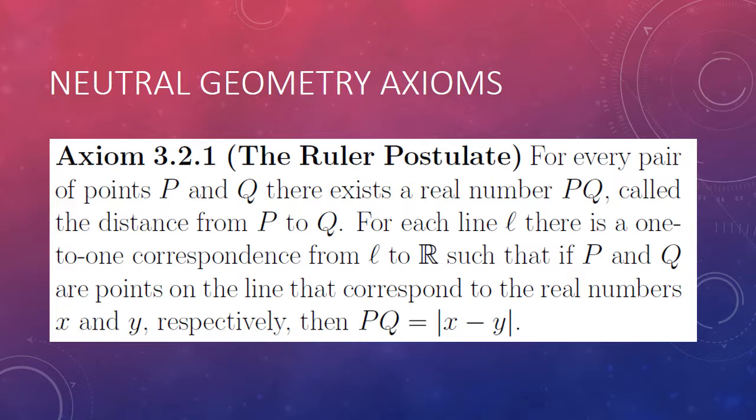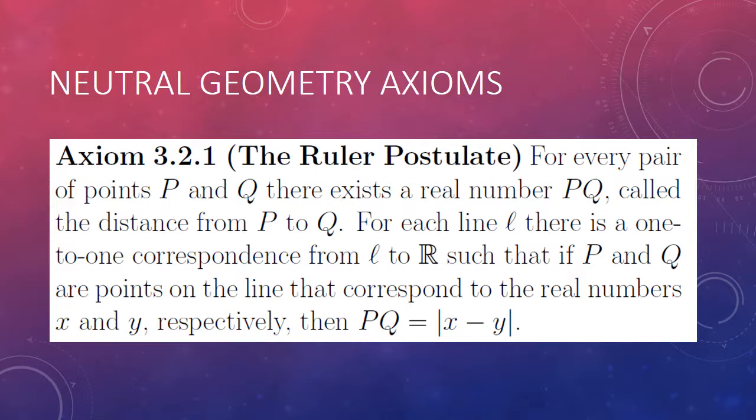That's the basic first idea from the ruler postulate, that there's some notion of distance in our space. The second is that no matter what line you start with, there's a one-to-one correspondence between the points on that line and the real numbers, such that if P and Q are points on the line that correspond to the real numbers x and y, then the distance from P to Q has to be the same as the distance in real numbers between x and y, which is represented by the absolute value of x minus y.